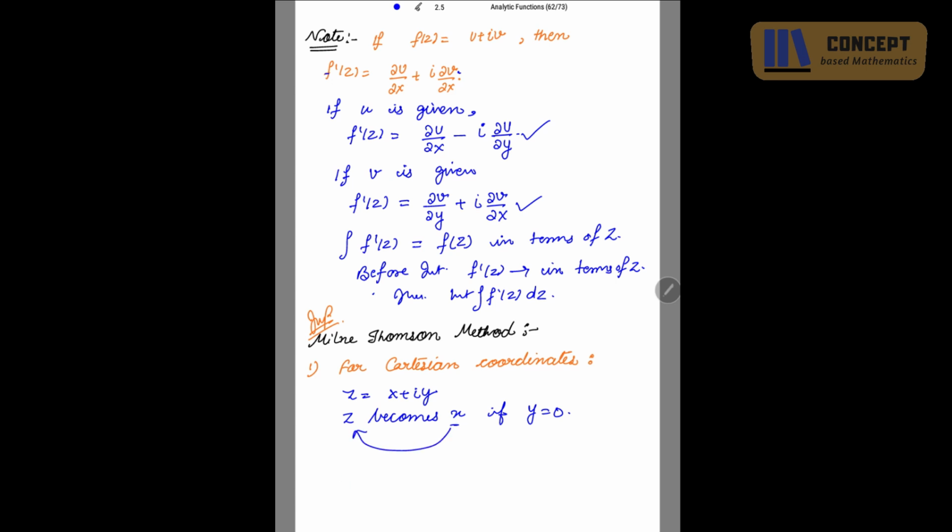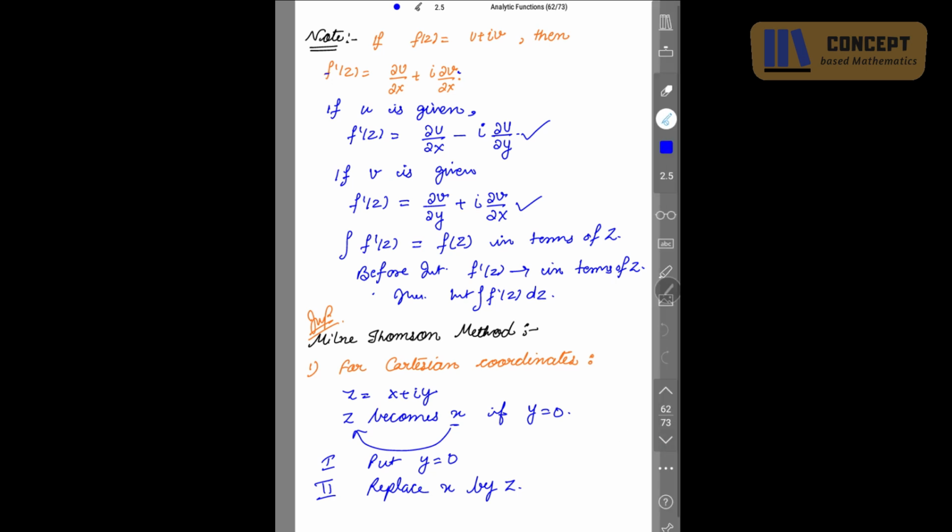So what are the conditions for that? Number 1, put y is equal to 0, and the second condition is replace x by z. Then you have to integrate f dash z.